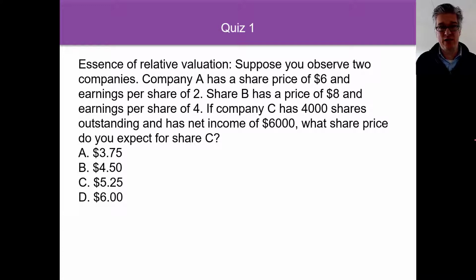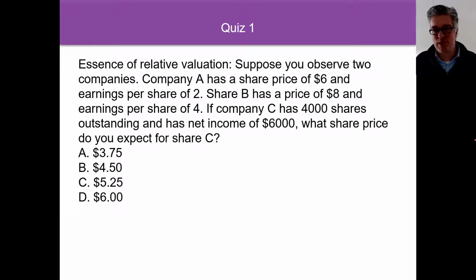Here I have a quiz question where, in principle, this is all you need to know about applying multiples. So even in slide number 2 or 3, you know everything you need to know about applying multiples, or at least let's see if you do, because first you have to get the question right, of course. Suppose we observe two companies. Company A has a share price of 6 and earnings per share of 2.